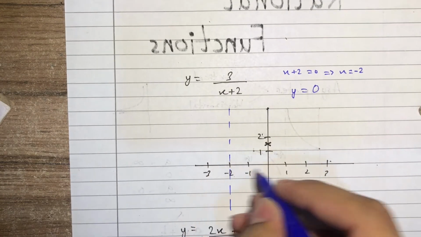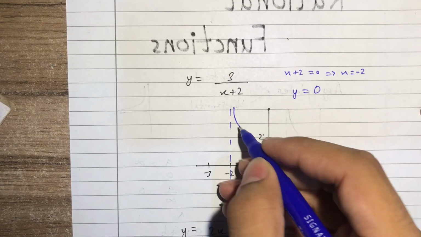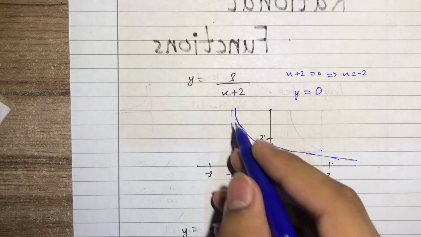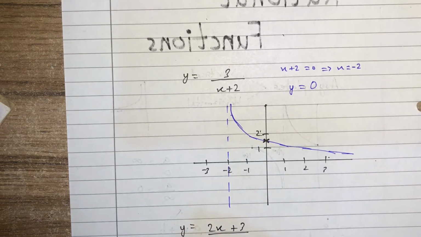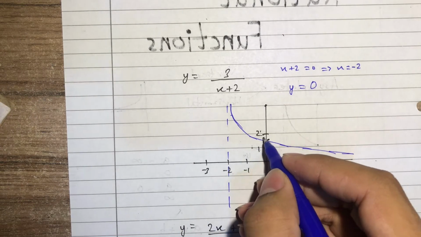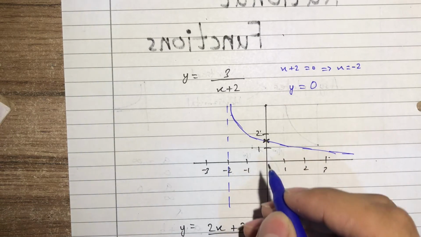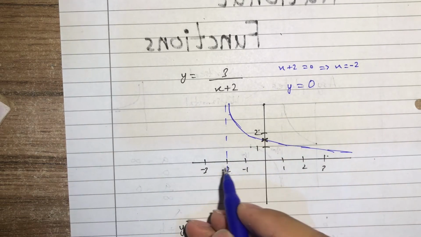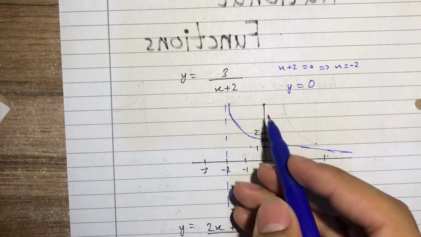So we can now sketch the graph easily. This is one asymptote, this is the second asymptote, so the graph will be like this. It will be approaching the asymptotes but not touching them, right? One part will be over here. Now this we determined because there was the y-intercept over here. Now how to determine where the next part of the curve will lie? We can take any value before the asymptote. Let's take negative 3.